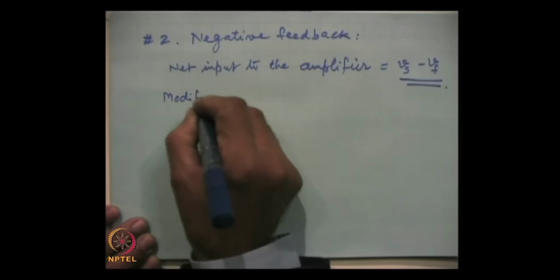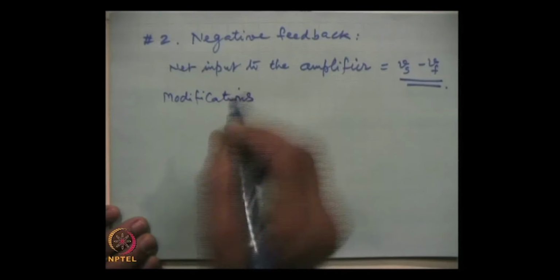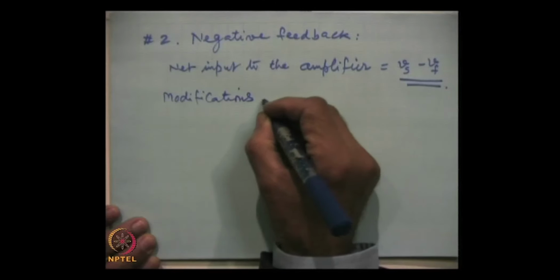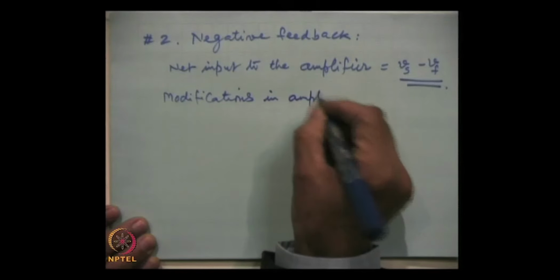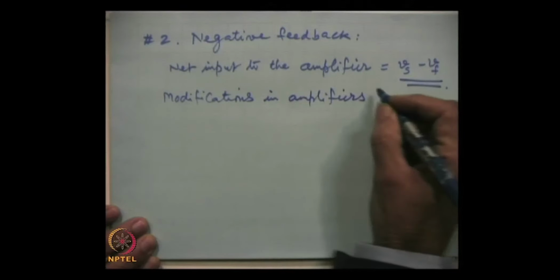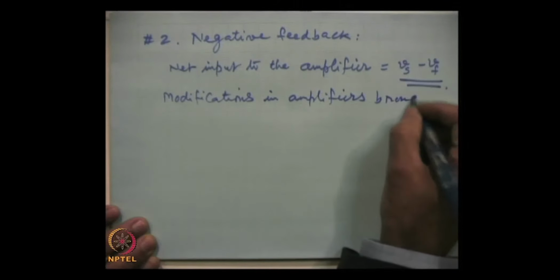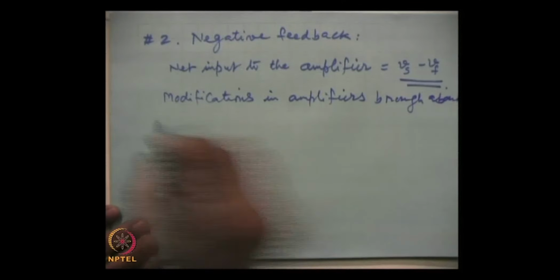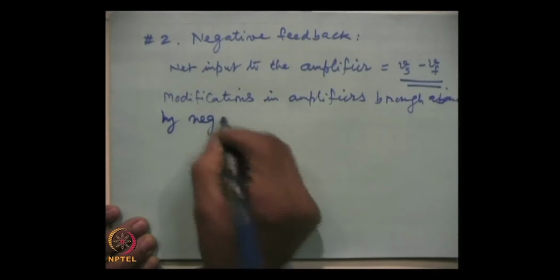This is negative feedback. Now, negative feedback can modify the circuit performance drastically. Modify means desirable modifications. What are the things which negative feedback can bring? So, modifications in amplifiers brought about by negative feedback.